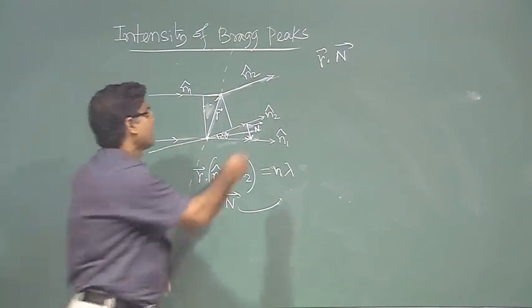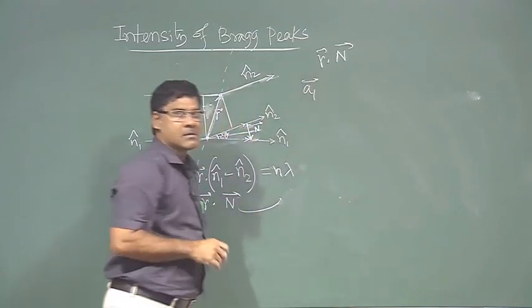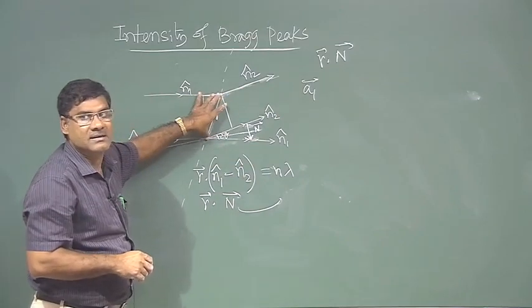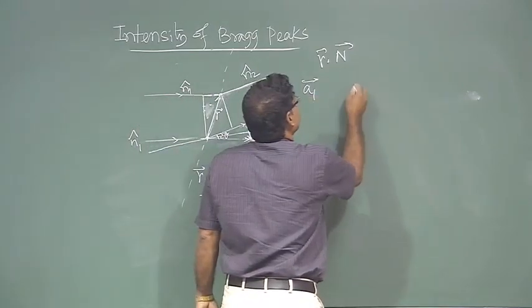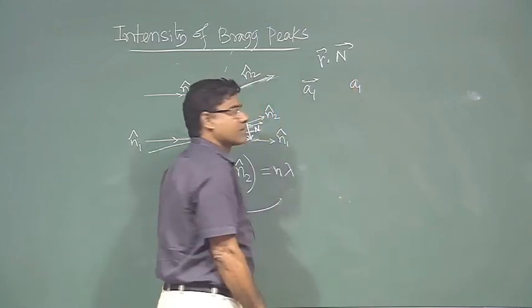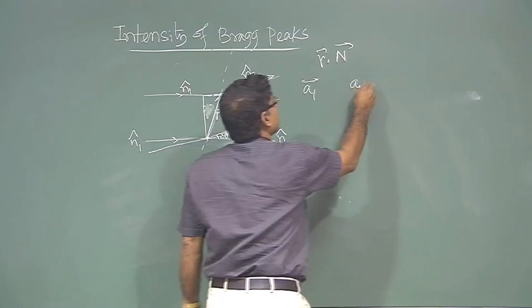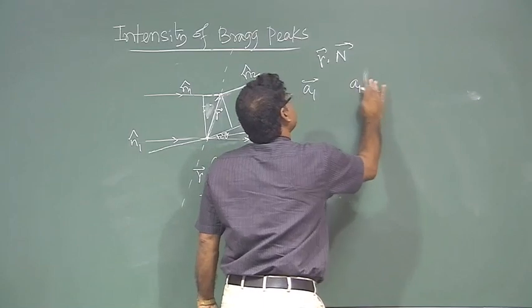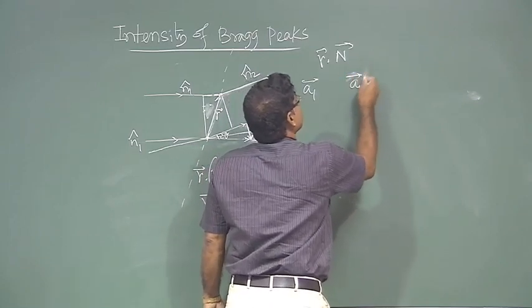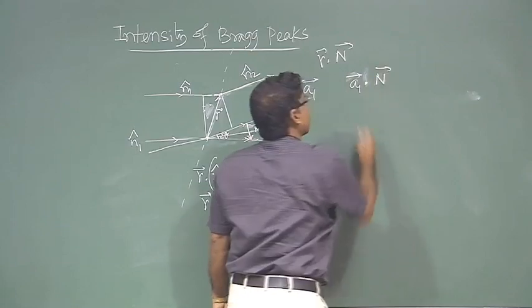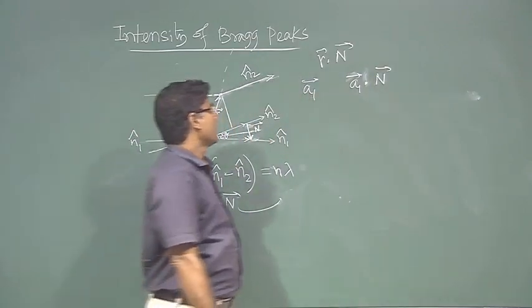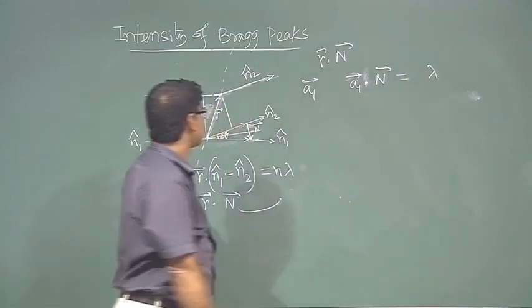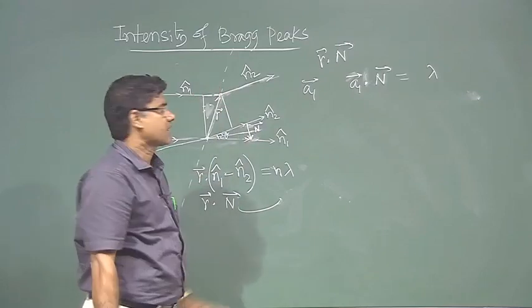So, if I consider along the A1 axis, what will be the R distance between these two? If it is along the A axis, the distance between these two will be A1, and the direction will be N, right. So, it will be A1 dot N, and that has to be an integral multiple of lambda to get constructive interference.